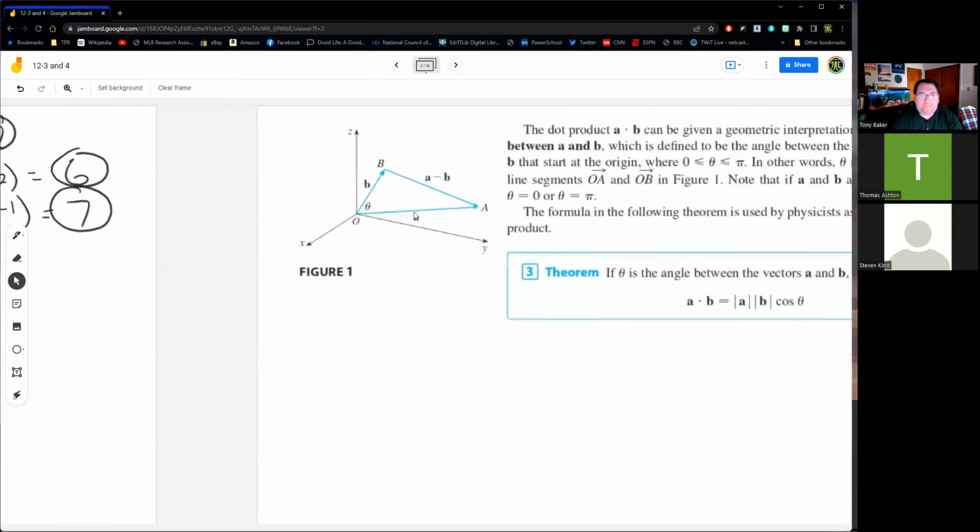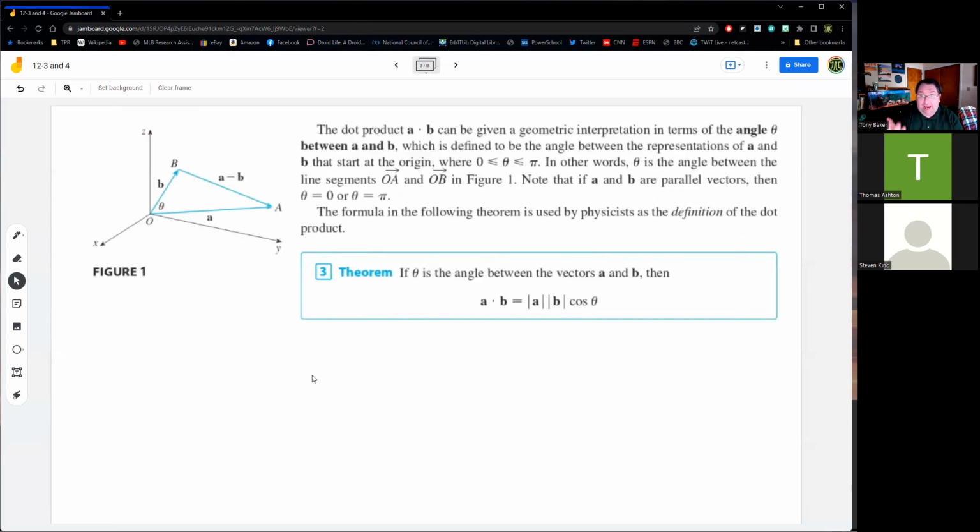All right. Now let's look at how we can actually use it. The dot product of A and B can allow us to find the angle between those 2 vectors. So the dot product of A and B is equal to the length of vector A times the length of vector B times the cosine of the angle.